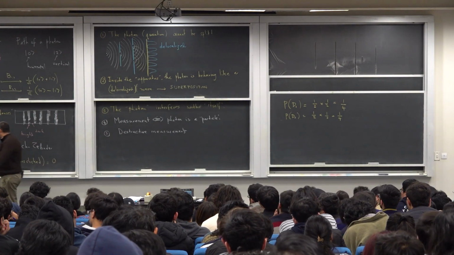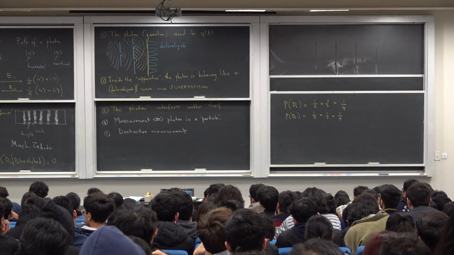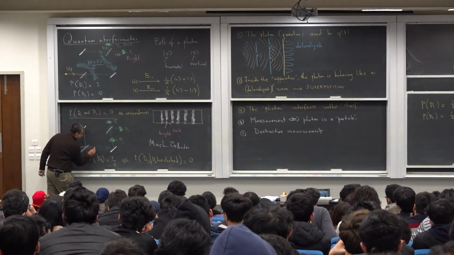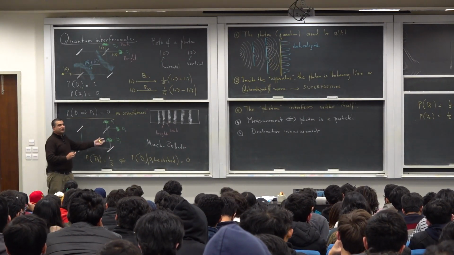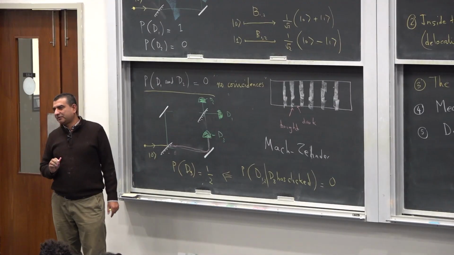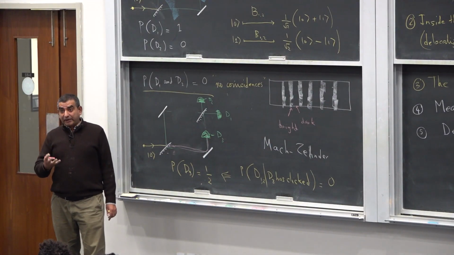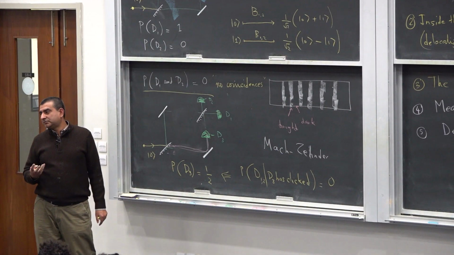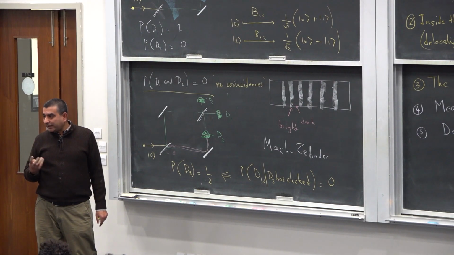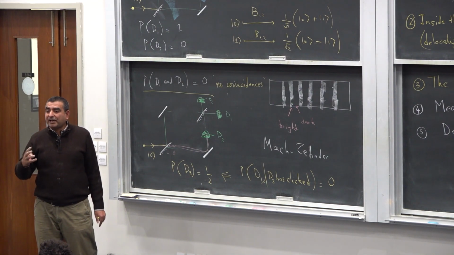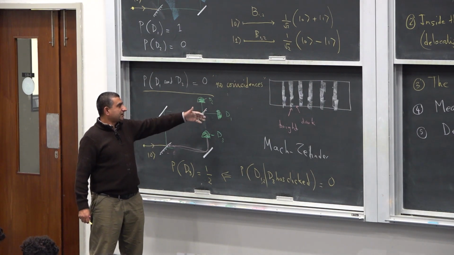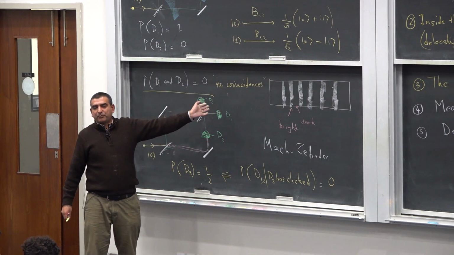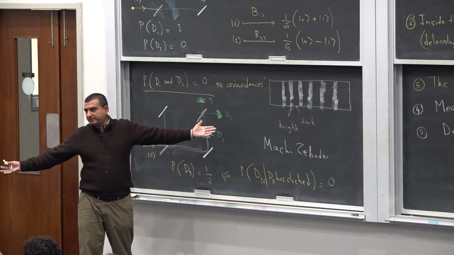If D3 has clicked, we can confirm, validate and certify that the photon has really gone through this path, because there is no other possibility for D3 to click. So now we have kind of found out the path, right? So the path, however, does not give us any interference, because neither D1 nor D2 click. Both of them are kind of silent.